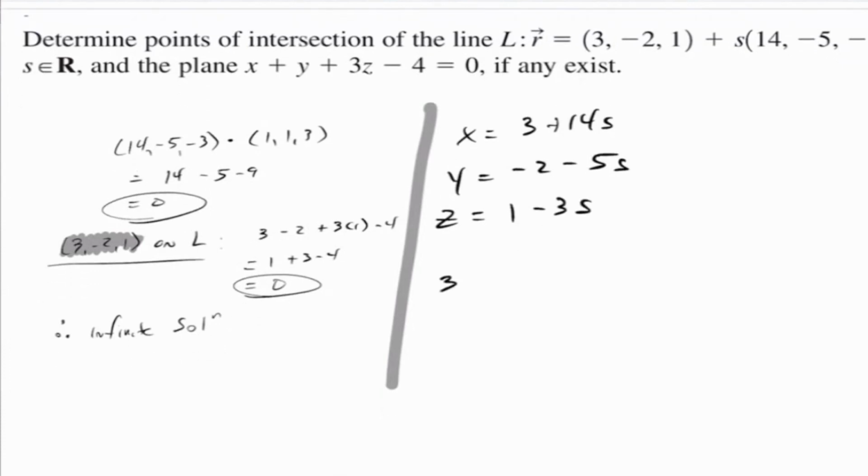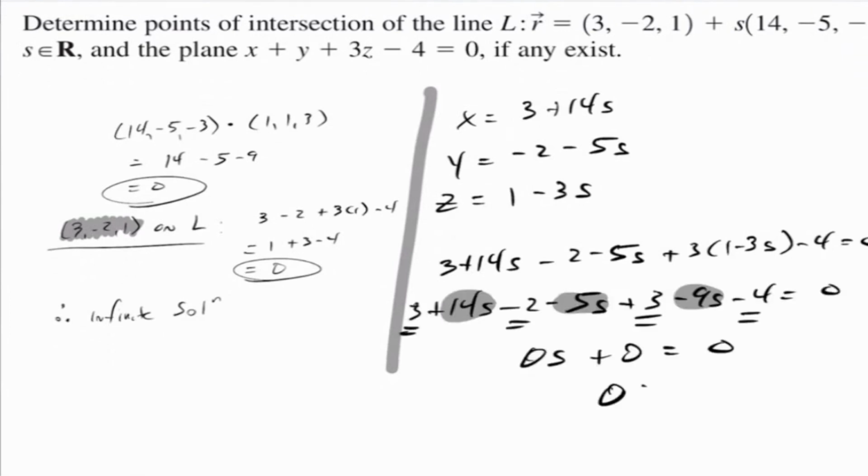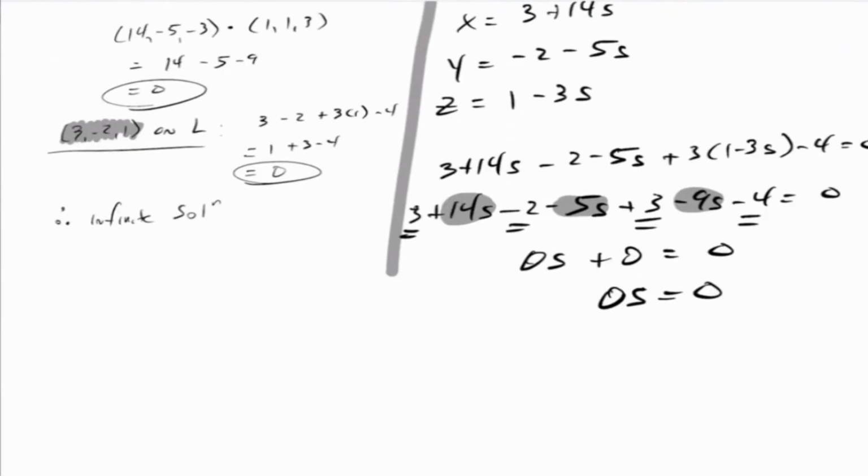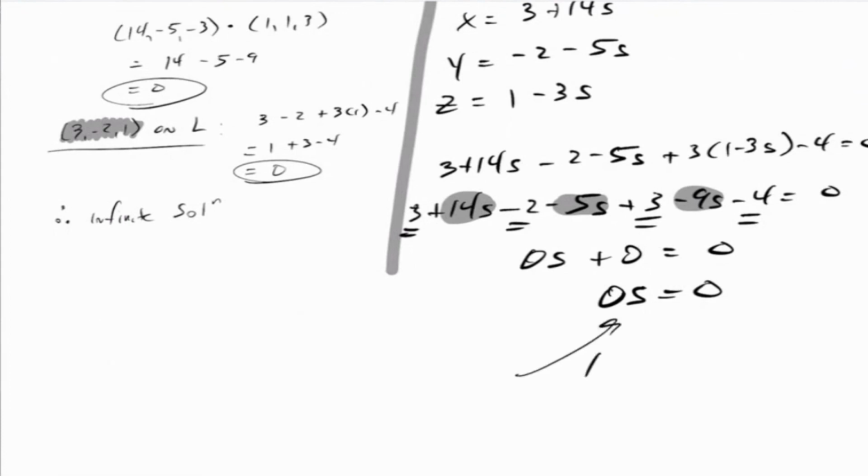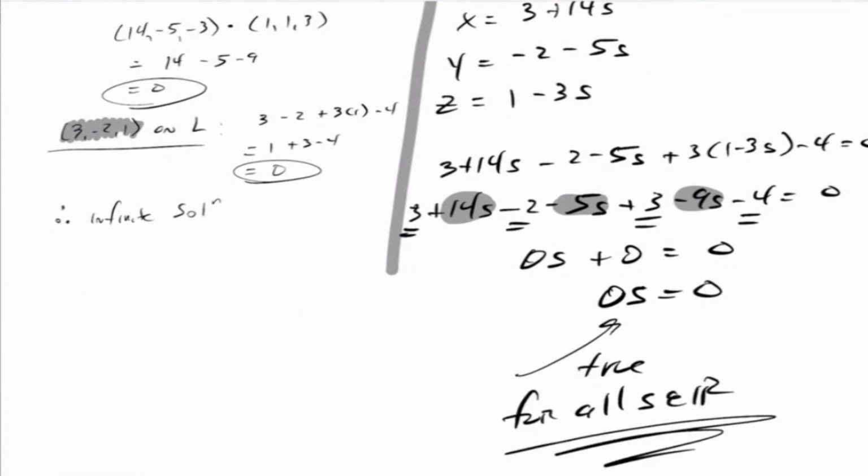So this will be 3 plus 14s, minus 2 minus 5s, plus 3 times 1 minus 3s, minus 4, 0 is 0. 0s equals 0. And this is true for all parameters. You see that? So that's what'll happen if you approach it using our original method.